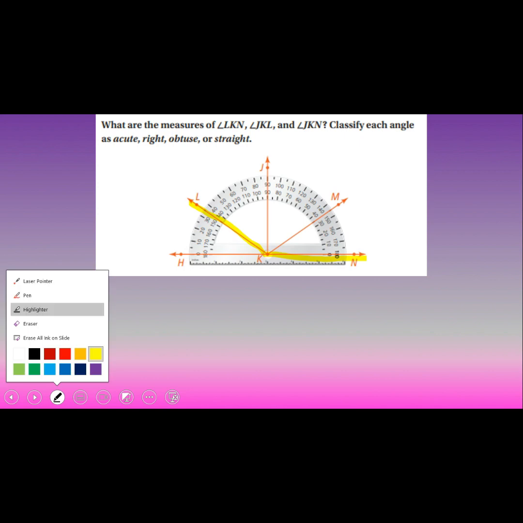So for this one, it's opening this way. It starts at 0 and it stops at 145. So LKN measurement is 145 degrees. Whoops, forgot to put my 5 there. Let me retry that. 145 degrees, which means it is obtuse.